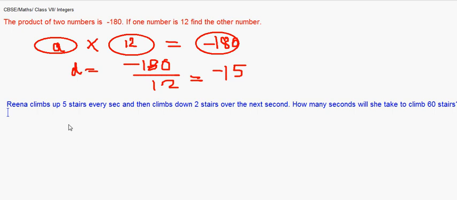What we do is we'll now understand what's happening in 1 second. In the first second she is going up by 5 stairs, right? Give me a minute, I just need to fix something that got stuck. Okay, it's fine now. In the first second she is going up 5 stairs.